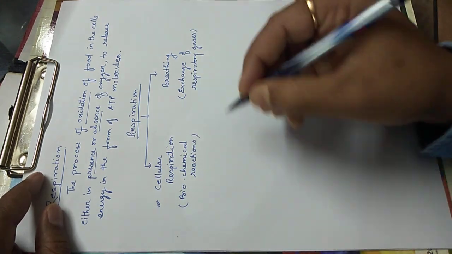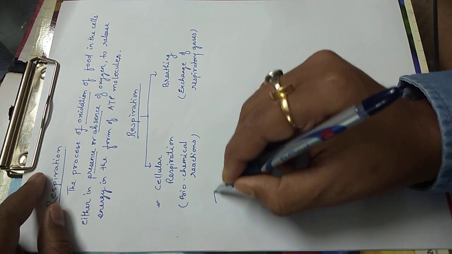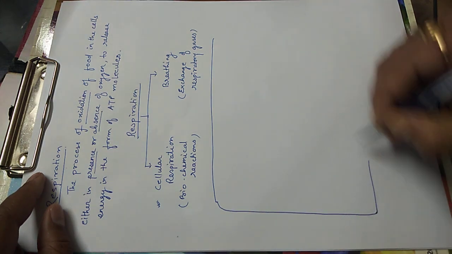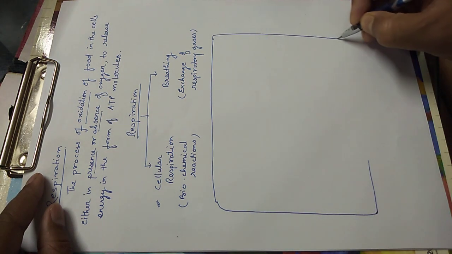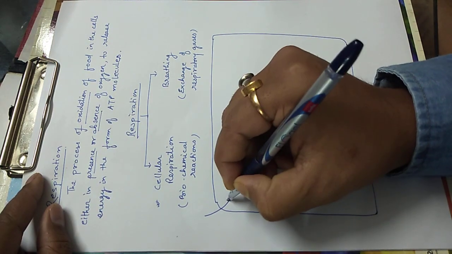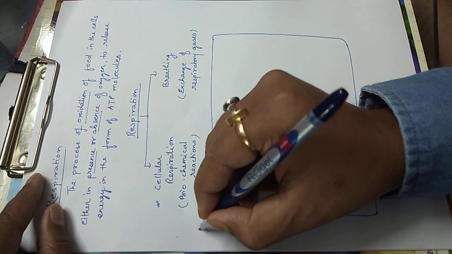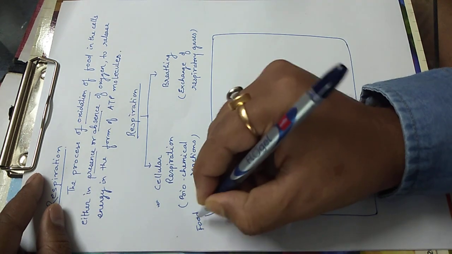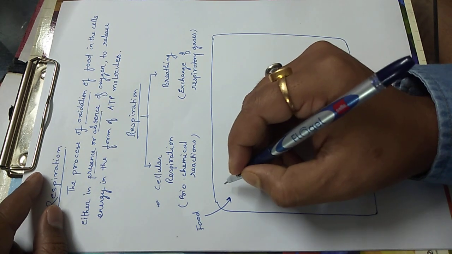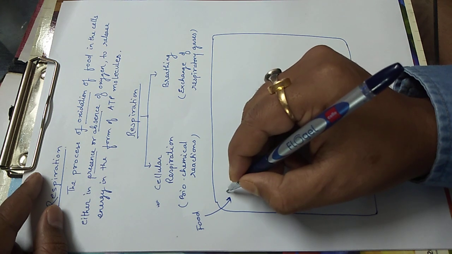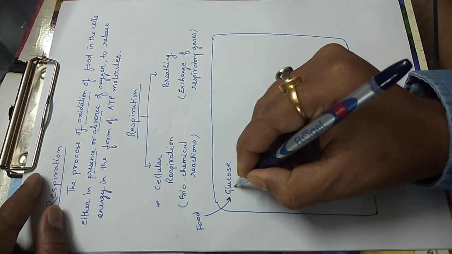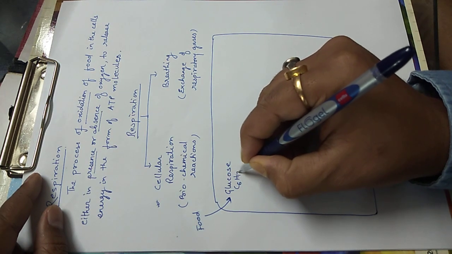Now if you see here, suppose let us consider this to be a cell. So in the nutrition part we have seen that the cells will be getting the food. So let's say the food reaches the cell. Now the most common form of food from where energy is produced is glucose, C6H12O6.